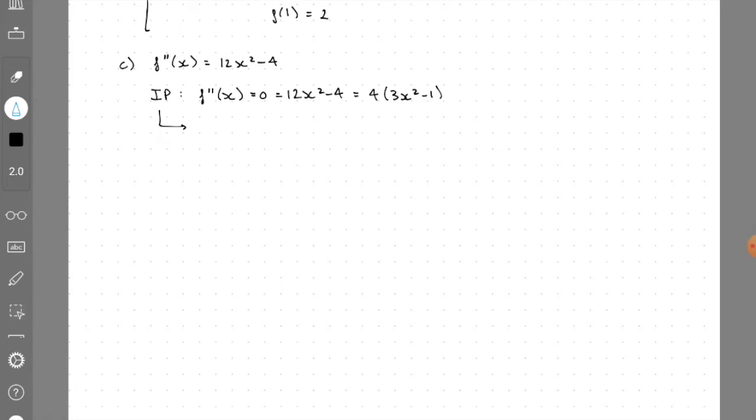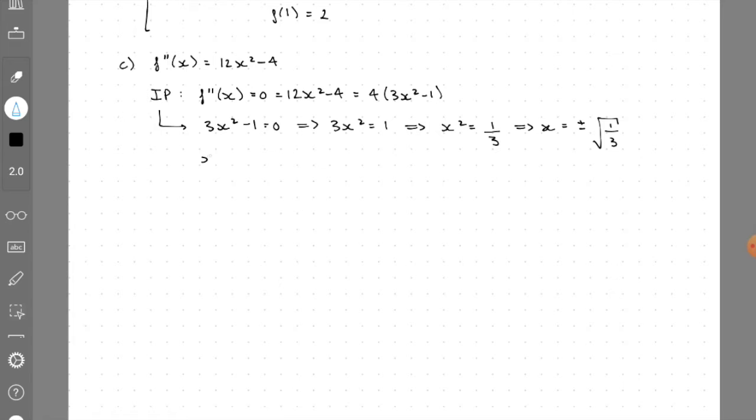The only way to solve this, okay, so then we get 3x squared minus 1 is going to be equal to 0, right? Let's keep going. 3x squared is going to be equal to 1. Then x squared is going to be equal to 1/3. And finally, x is going to be equal to plus or minus square root of 1/3.